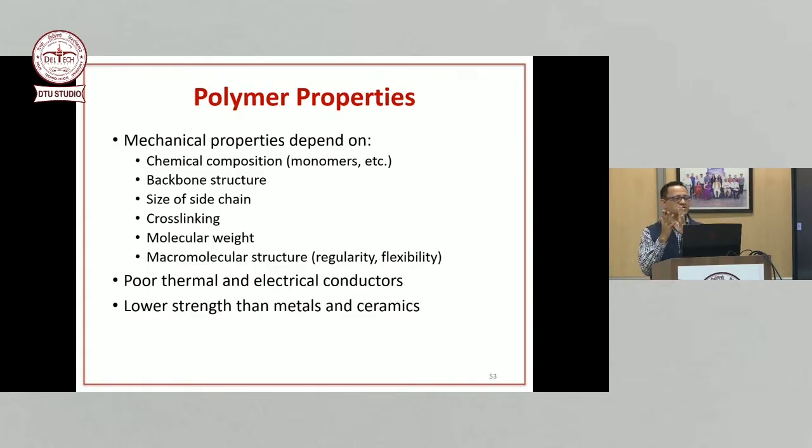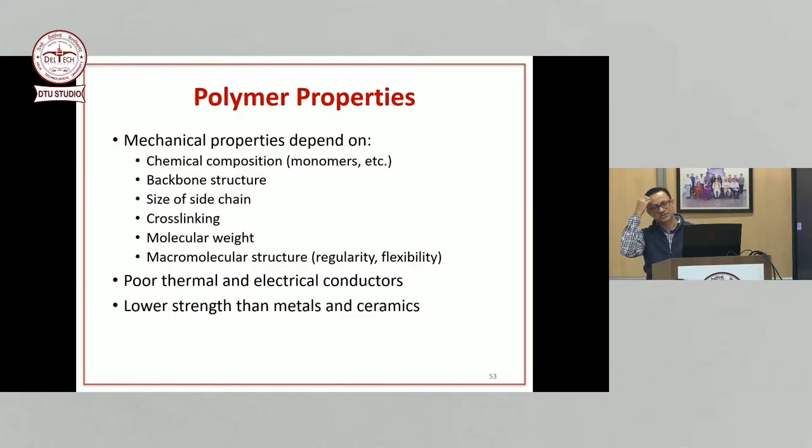Cross-linking, are these polymers cross-linked with each other? The molecular weight of the polymer, all this will change the mechanical properties. They are poor thermal and electrical conductors and they have lower strength than metals and ceramics, of course.